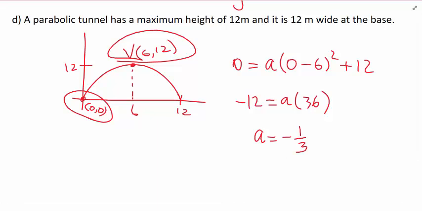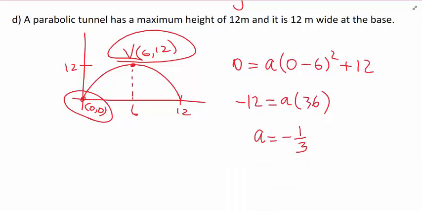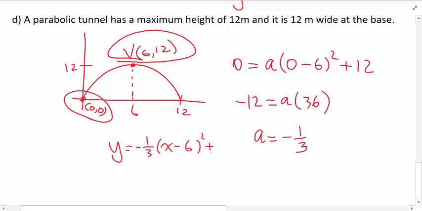And does that make sense? I mean, does it make sense that it's negative? Yeah, because it opens down, so it should be negative. Okay, so y is equal to -1/3(x - 6)² + 12. Done.